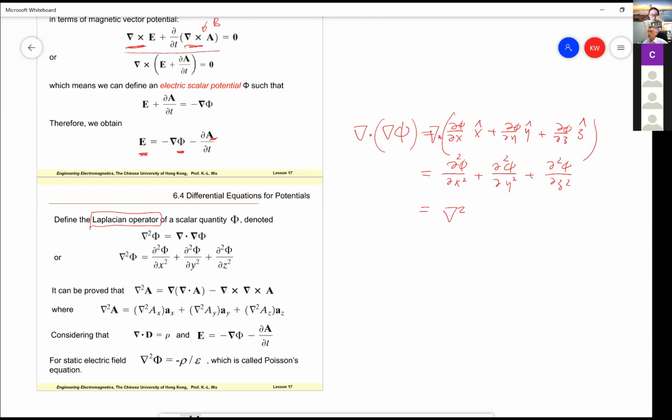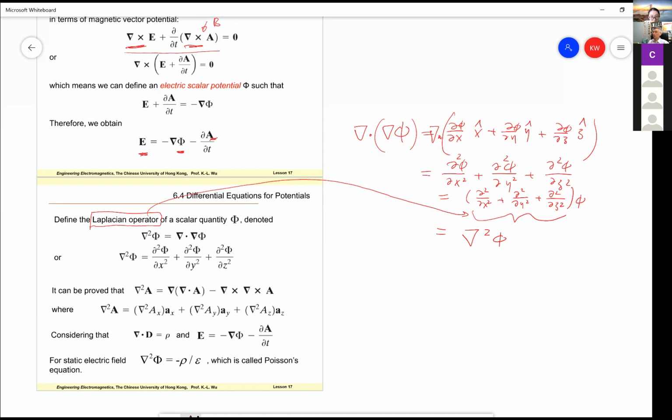It looks like this, so I define it as this. So this operator we call the Laplacian operator.